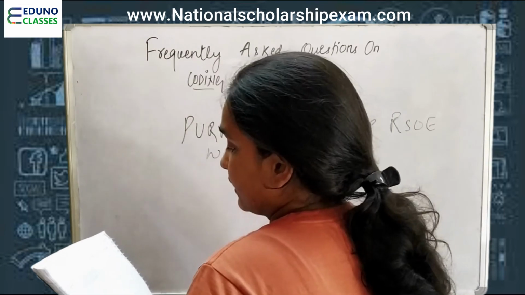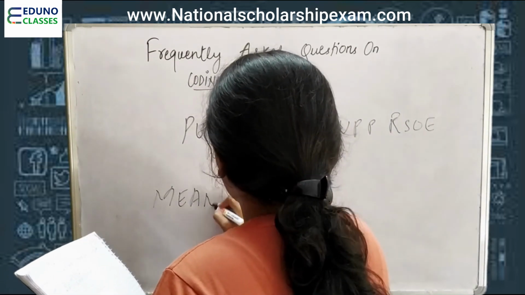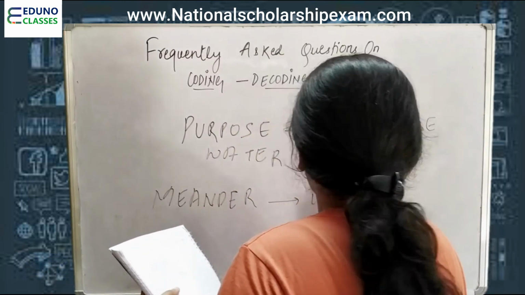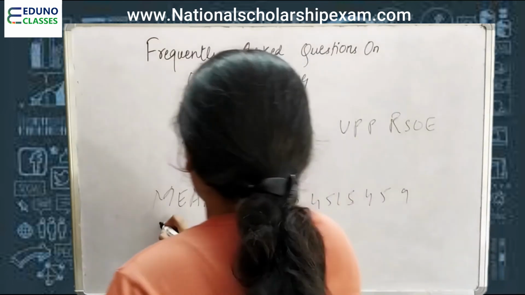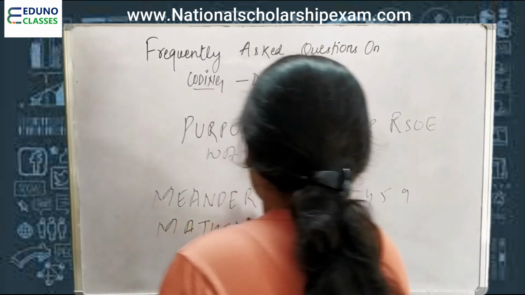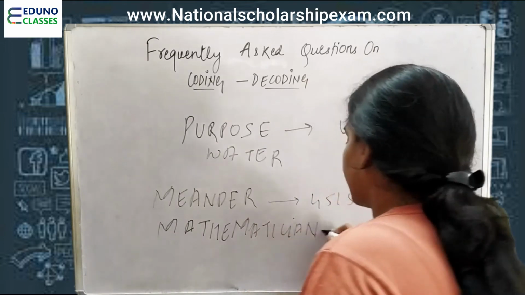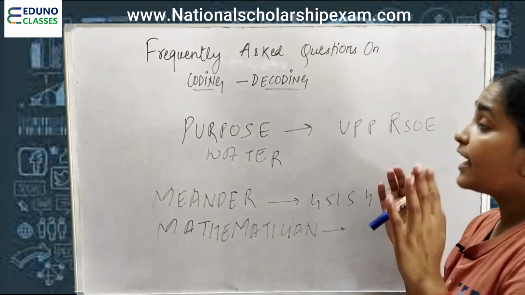And if Meander in a certain language is written as 4515459, then what will you write for Mathematician in the same language? Okay, these are the questions. We have to solve them as soon as possible.